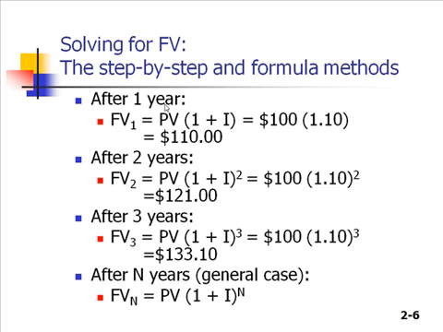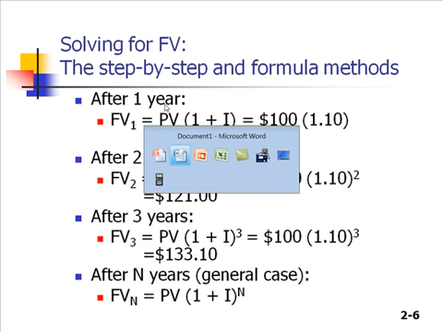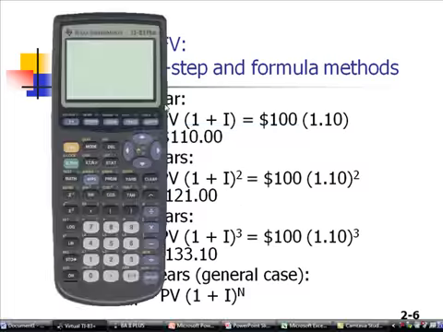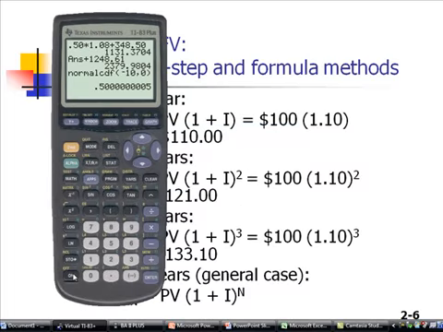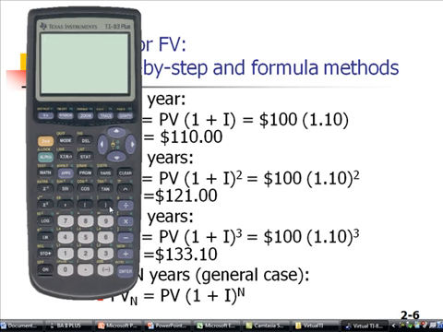Let's go ahead and do this on a calculator really fast. I'll begin with a graphing calculator, and then I'll go to a TI BA2 Plus. Okay. For this particular problem, again, we're just applying the formula. It's just the present value times 1 plus i to the power of n.